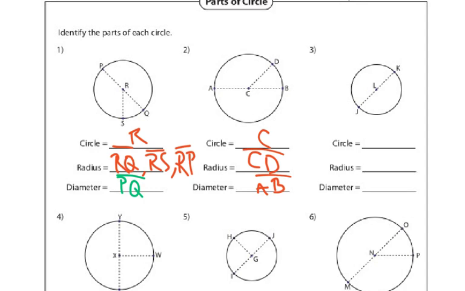The radius, you could have said BC or CB or AC or CA or DC. And the circle here is L, and you could have said the radius was LK or LJ or KL or JL. And then the diameter is KJ or JK.